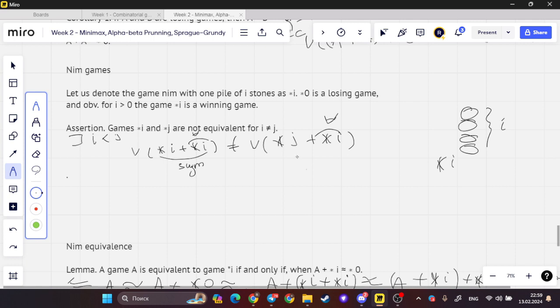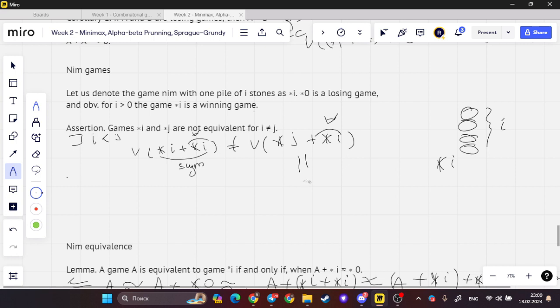So it will be equal to e. We have two identical piles, and the first player loses because the second player replies symmetrically.